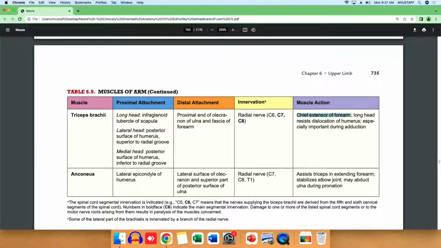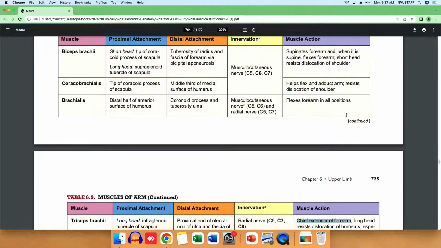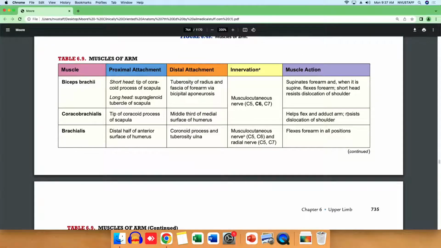There is nothing else, just a small anconeus muscle which does not even have enough force for the extension. But if you compare it to the anterior compartment, we can't say which is the main flexor, and why. For example, in the case of the brachialis and the biceps brachii, you can see two important remarks which I want you to remember.